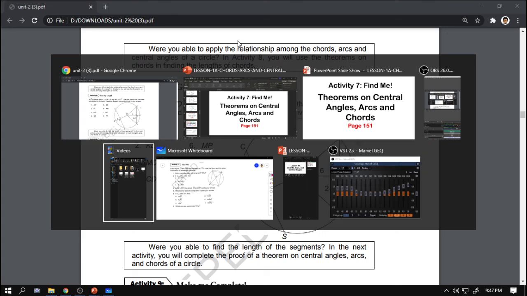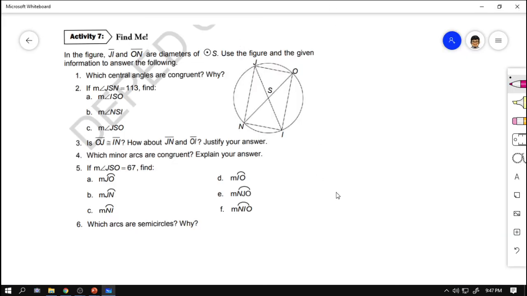Ayun. So, ito, find me. So, follow nyo lang yung examples natin, okay? Mahanap nyo na yung mga dapat sagot dyan. Hindi ko rin kayo pwedeng sagutan ng isa o dalawa dyan kasi kapag nasagot mo na yung isa, to follow na yung iba. Masasagot mo na sila agad. Okay? So, activity 7, find me.